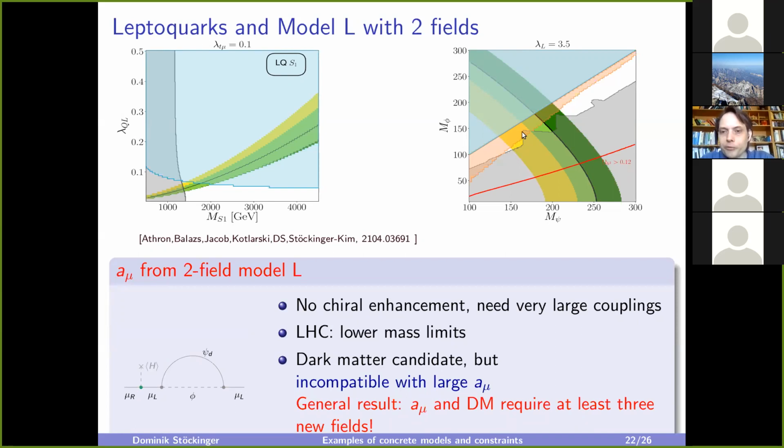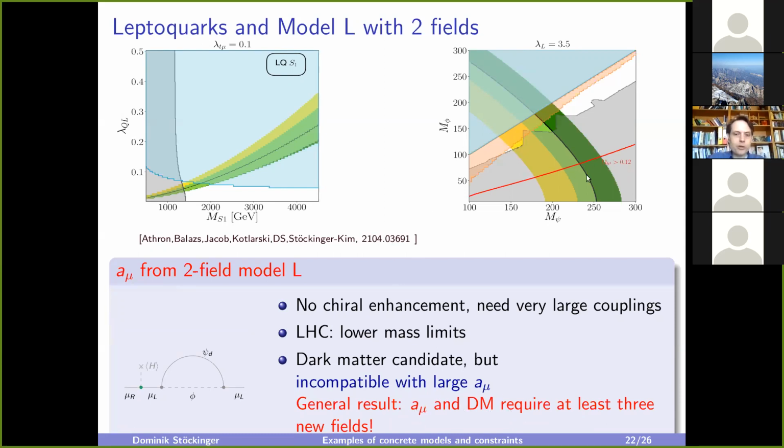It is one of the very few models which have any chance of working, and it does not give rise to a chirality flip enhancement. Therefore, you need very small masses of the order 100 or 200 GeV in order to explain G-2. And we investigated systematically all these viable two-field scenarios, and the outcome is that it is impossible in all of those to explain G-2 and dark matter simultaneously.